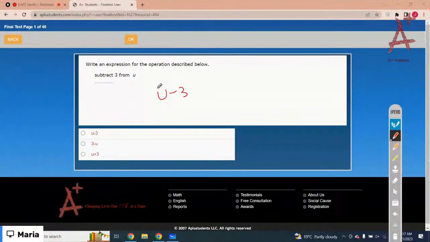Got it? Because you have to subtract 3 from u, it would be u minus 3. Got it? So option number 1 is the correct option. Just select the correct option, then click on the OK button.